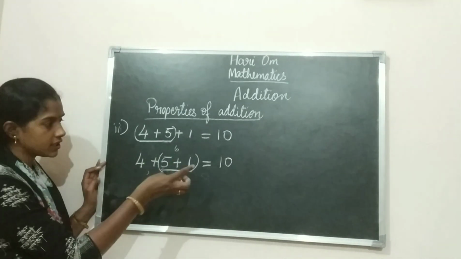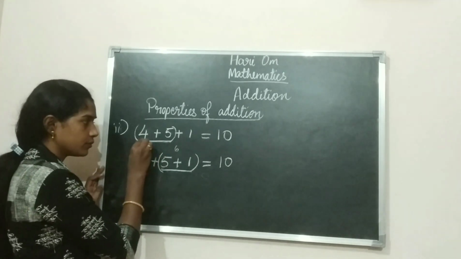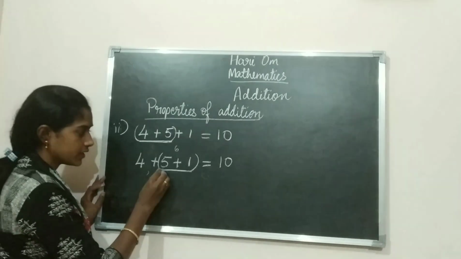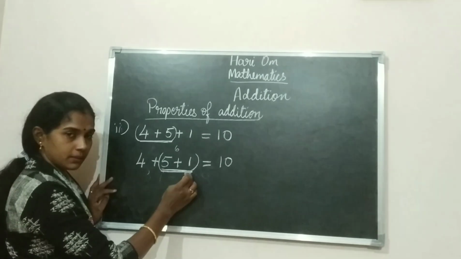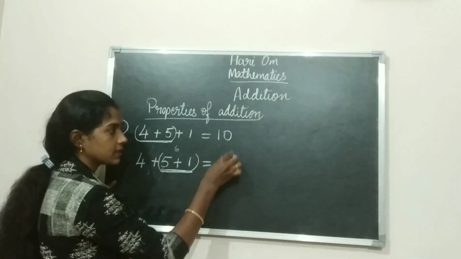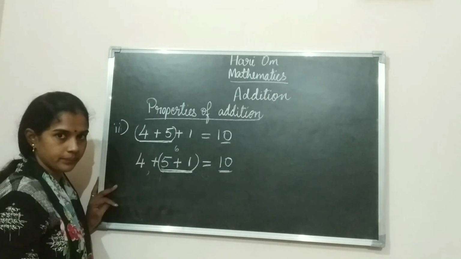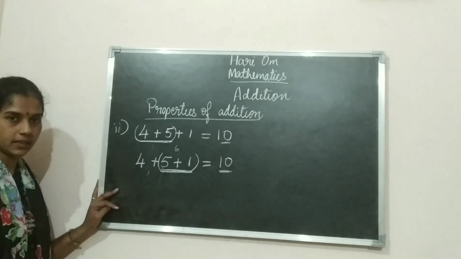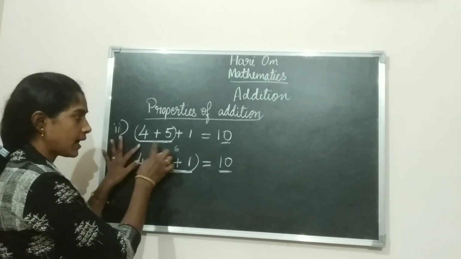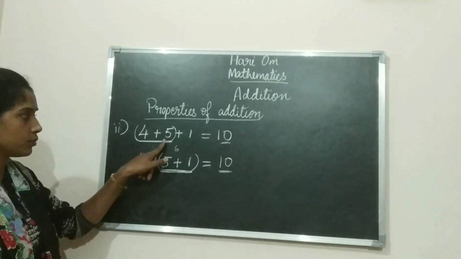So whether we add the first two numbers and then the third number, or first we add the last two numbers and then add the first number, the answer remains the same. This is the second property. Understood, children? In the second property, if we have three numbers, can you see here? 1, 2, 3.